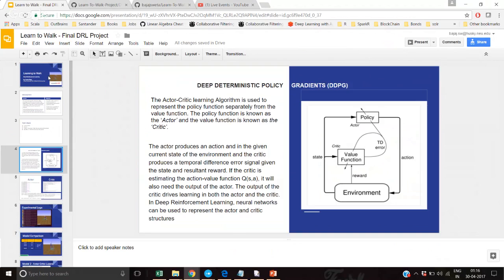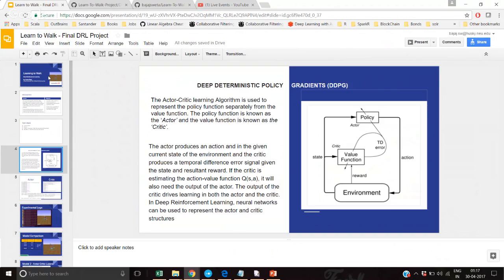When your actor performs some action in the current state, the critic looks at those actions, takes a temporal difference, and gives the error signal for that state and the resultant reward.